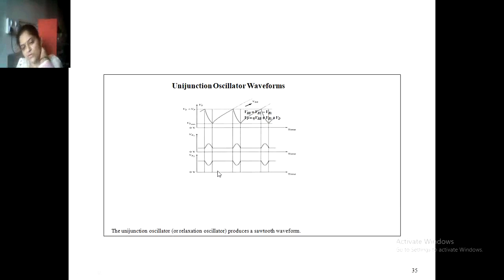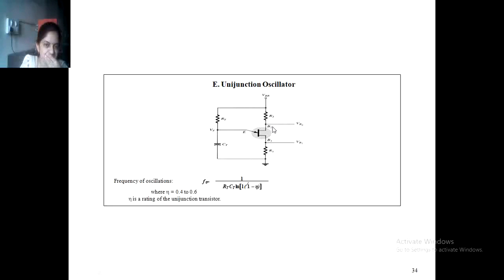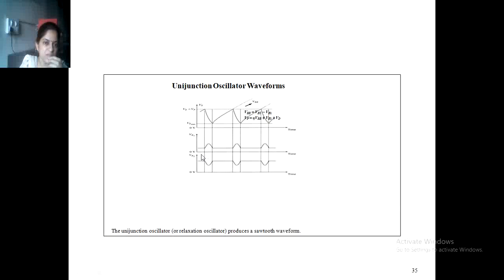The unijunction oscillator, or relaxation oscillator, produces a sawtooth wave. Here the sawtooth wave is produced. Simultaneously there are B1 and B2 having polarity.